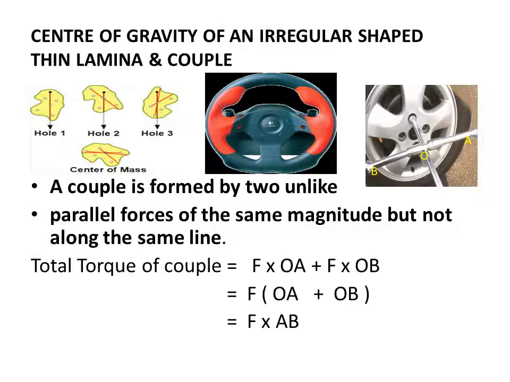To find the center of gravity of an irregular shape, take an irregular piece of cardboard and make holes A, B, C as shown in figures 1, 2 and 3.